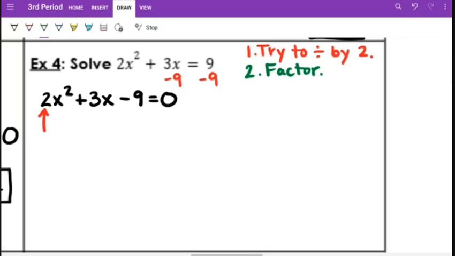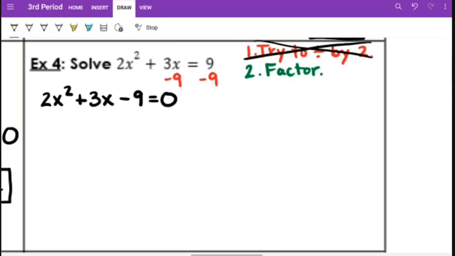Unfortunately, no. If we tried to divide everything by 2, the first number would be fine. 2 divided by 2, that gives us a whole number. But 3 divided by 2, that's a decimal. And 9 divided by 2, that's a decimal. So our little trick isn't working. We can't do it. So we're stuck just with factoring.